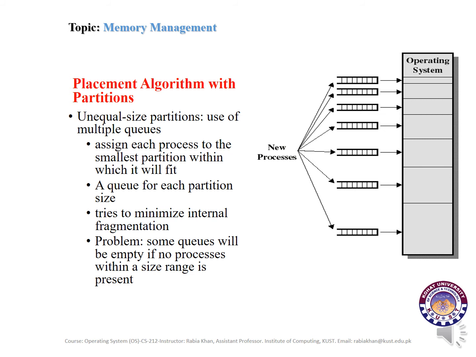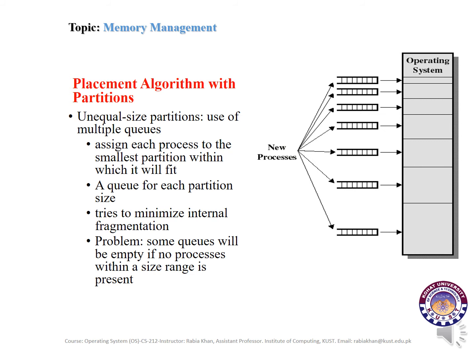But again, memory use becomes inefficient, as some of the partitions may never get occupied due to non-availability of processes of that size. So their respective queues will remain empty. Hence, memory management is not properly done.